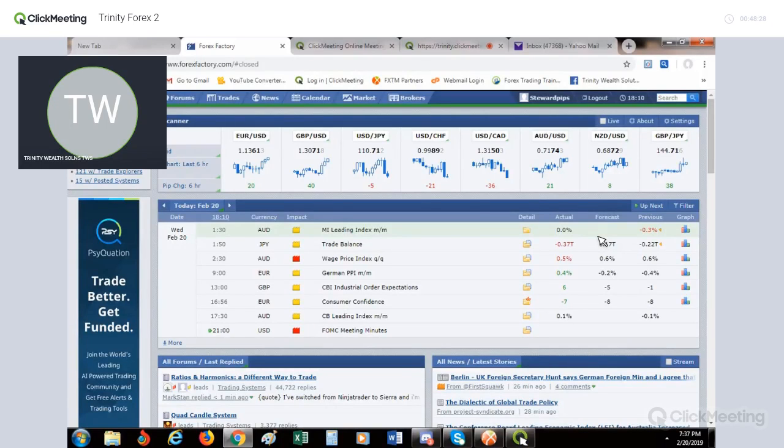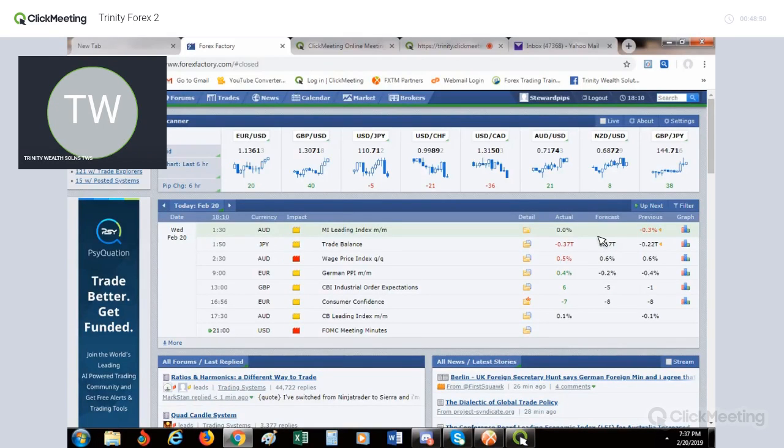Like CPI, let's say CPI for UK was 2.2, and then we see the forecast is 2.7. Even before the actual is released, you see the pound starting to appreciate because they work on the forecast, yeah? So if the actual is greater than forecasted, depending on the report, like if it's CPI, we use the same case for today.